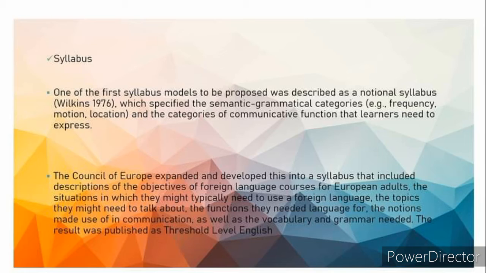The Council of Europe expanded and developed this into a syllabus that included a description of the objectives of foreign language courses for European adults, the situations in which they might typically need to use a foreign language, the topics they might need to talk about, and the functions they needed language for, the notions made use of in communication, as well as the vocabulary and grammar needed. The result was published as Threshold Level English.